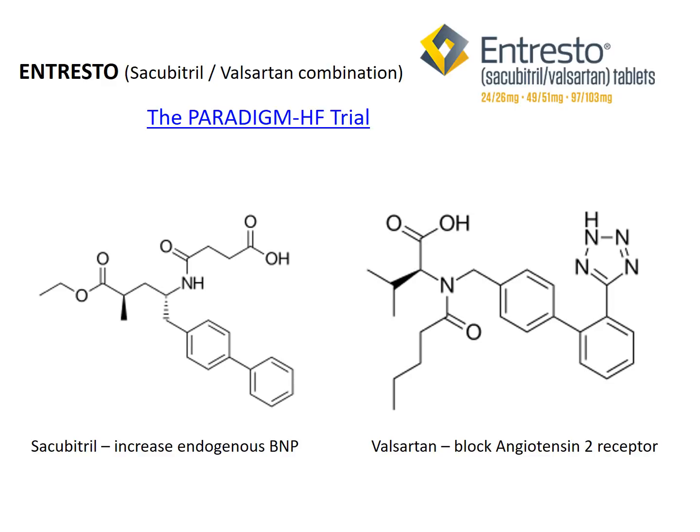And the second drug in there, sacubitril, helps us maintain our endogenous BNP. So brain natriuretic peptide is helping us vasodilate and diurese. We want our BNP levels to stay active, and that sacubitril drug is maintaining a longer duration of efficacy of our BNP.